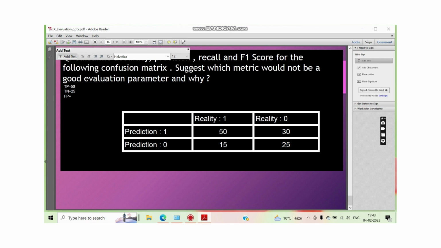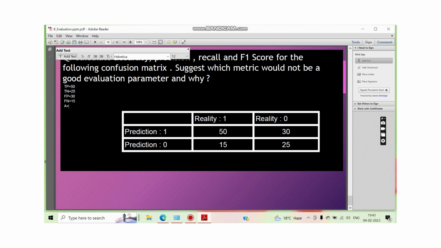When prediction is true and reality is false, that is 30, is the false positive case according to this table. Then false negative. Obviously one value is left, but still when prediction is false and reality is true, then it is false negative case. So when all 4 values are there, then let's apply the formula of accuracy.